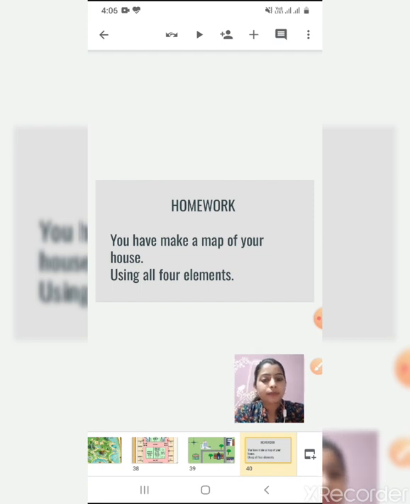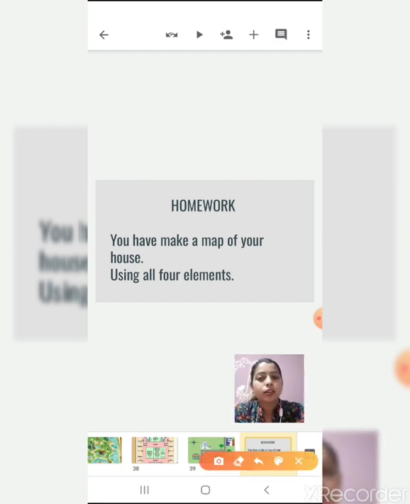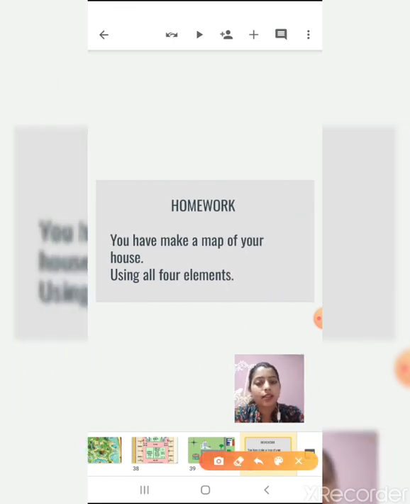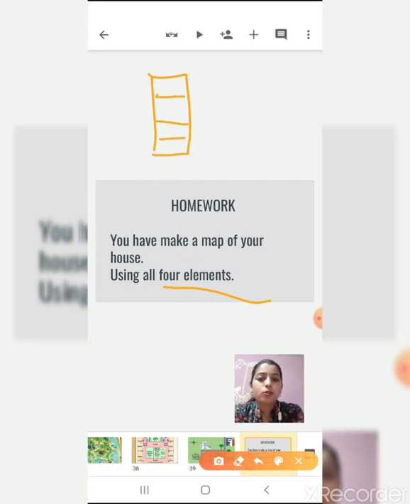Okay, use the 5 elements. It is use the 4 elements. It is written here that you have to use all the elements, right? And how you have to show the colors. See, if suppose you are taking blue color, and where you are doing the blue color, you are showing that this is a tank area.